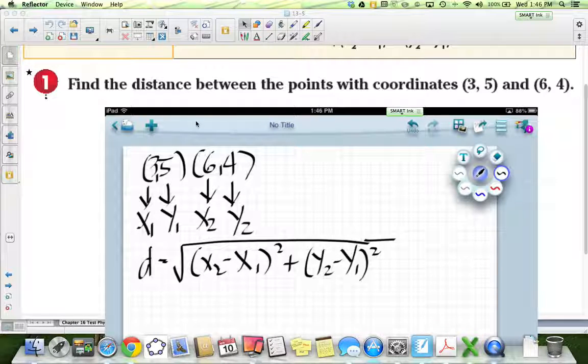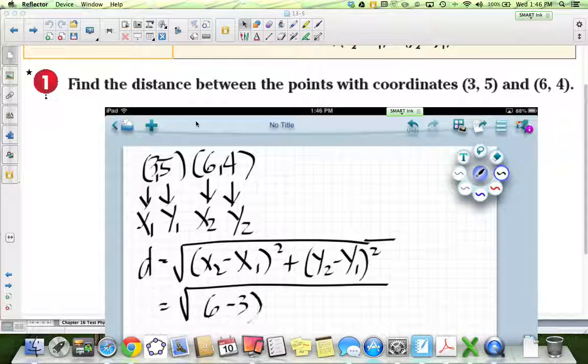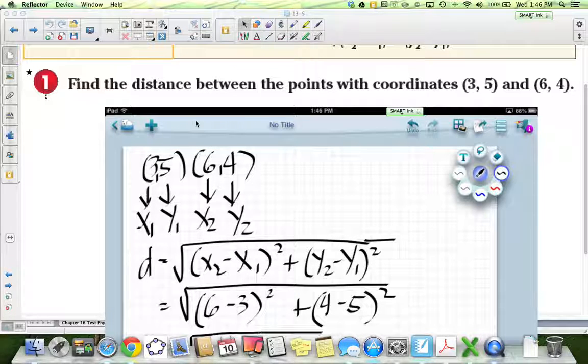Okay, and this is simply substitute. This now becomes 6 minus 3 squared plus 4 minus 5 squared. Okay, you end up with 3 squared plus negative 1 squared.